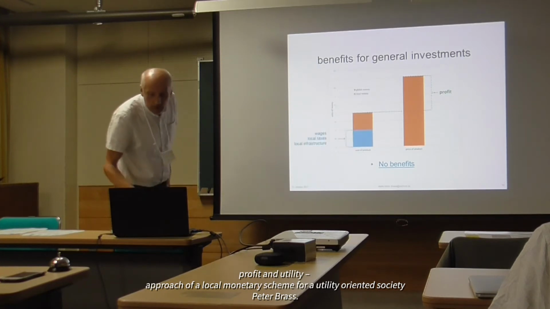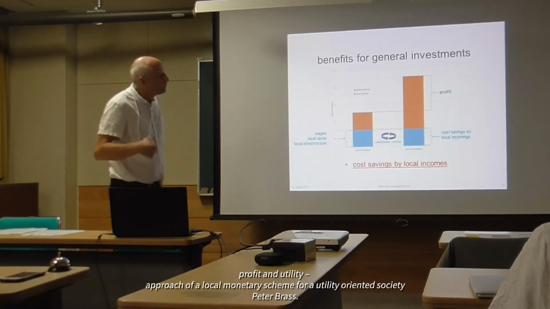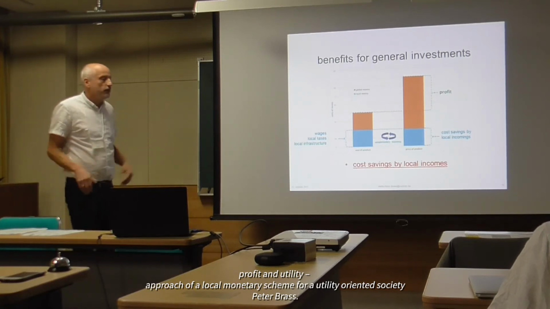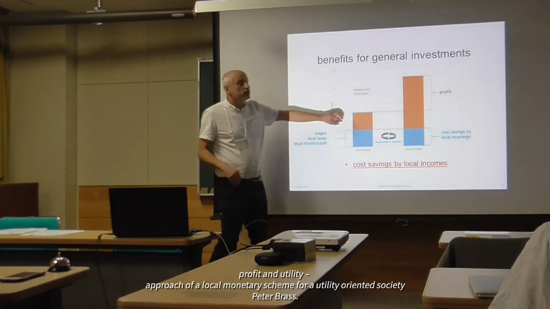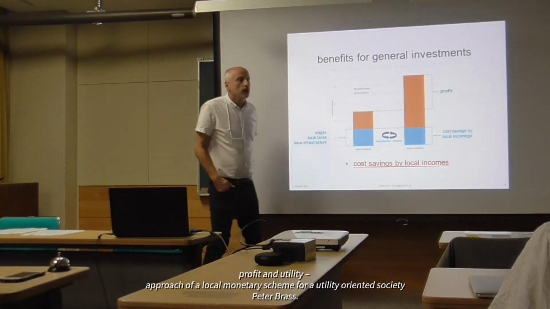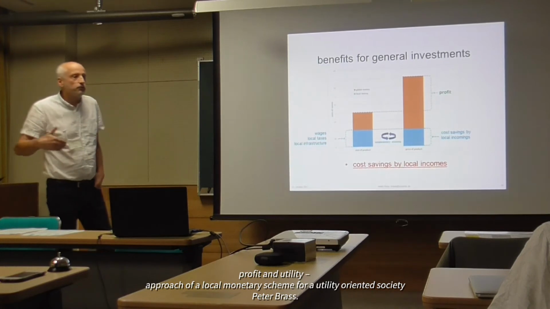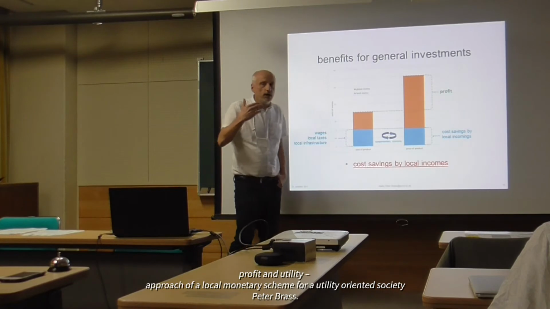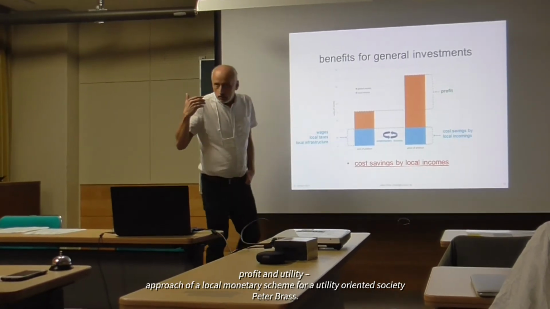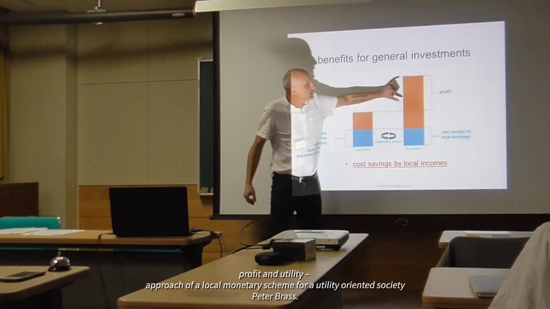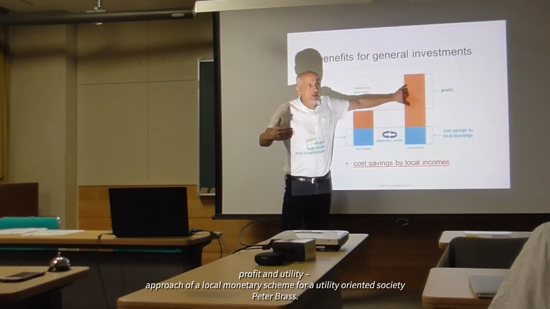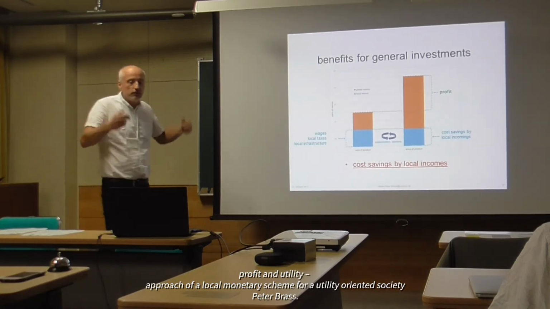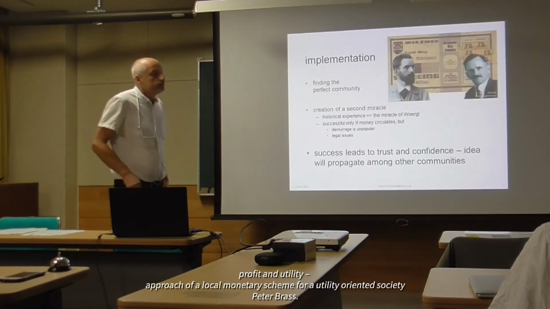But as soon as you also get inside money, you create benefits because you can pay the costs with the inside money, and you don't have to use the good money, the profit-oriented money. That's interesting for companies who want to produce cheaper. And if you're an insider and you try to get public services which have no profit or less profit because they are usually non-profit oriented, you have to pay less than usual, if you keep in the inside system.